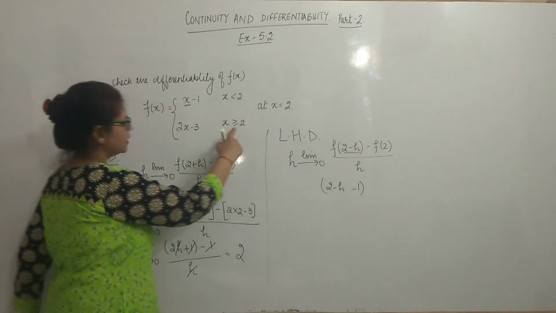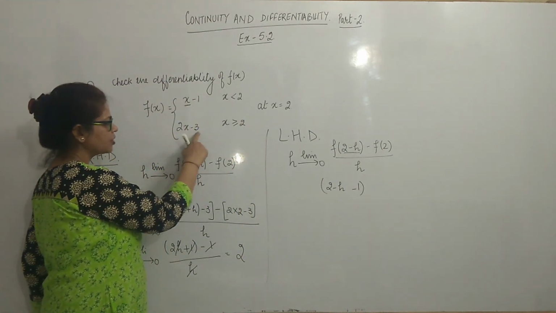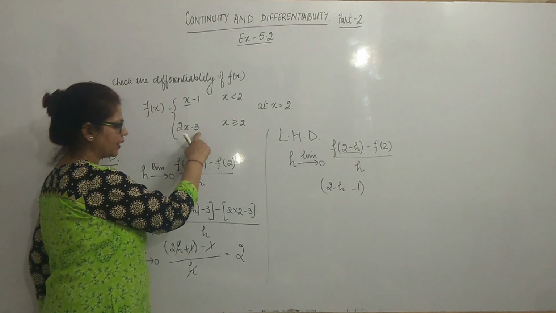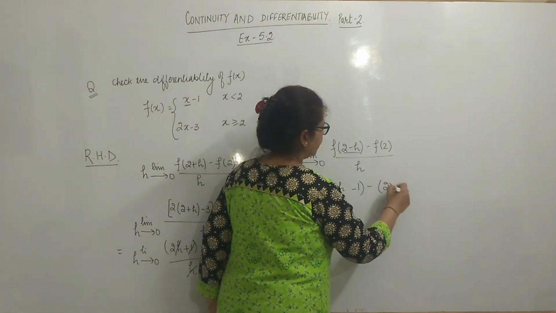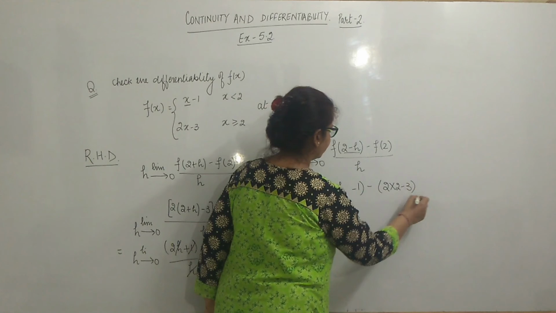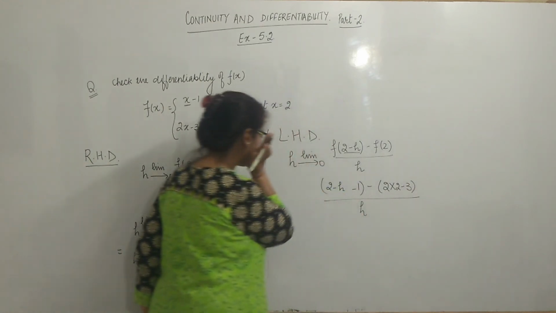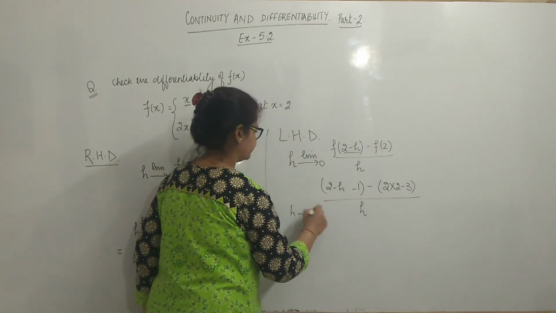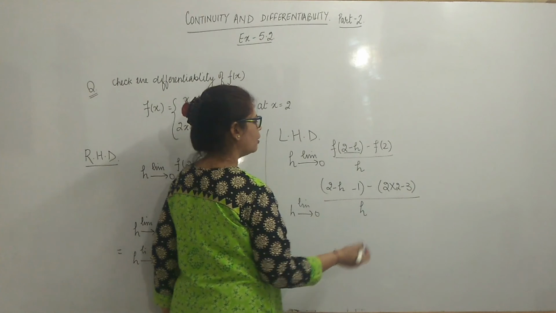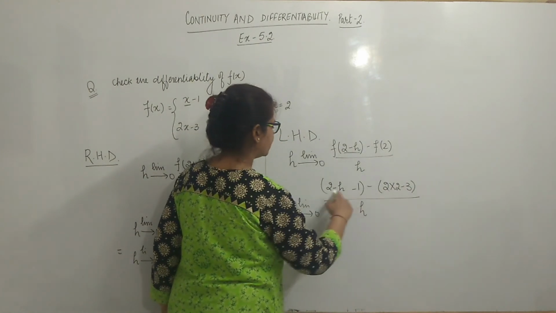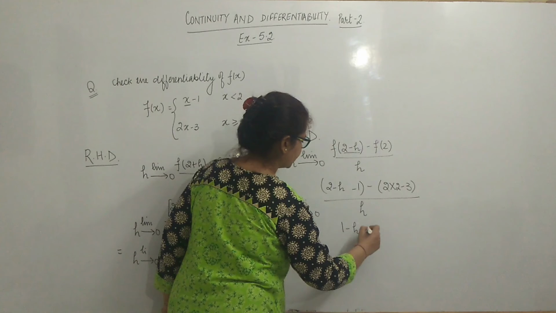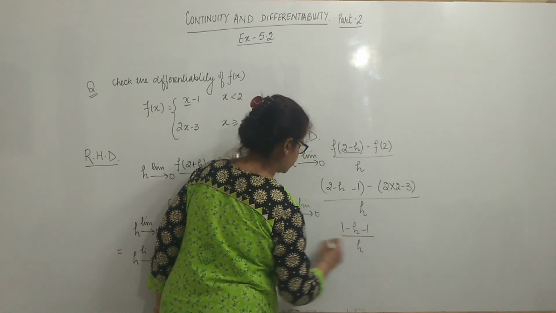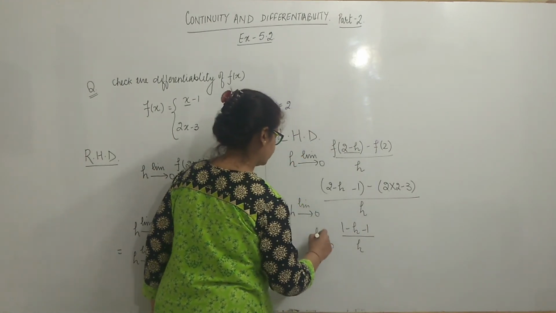Again observe, this occurs in this slab. x equal to 2 means 2 into 2 minus 3, as you have already written, divided by h, as h approaches 0. Now solve. 4 minus 3 is 1. 2 minus 1 is 1. 1 minus h minus 1 upon h, as h approaches 0.